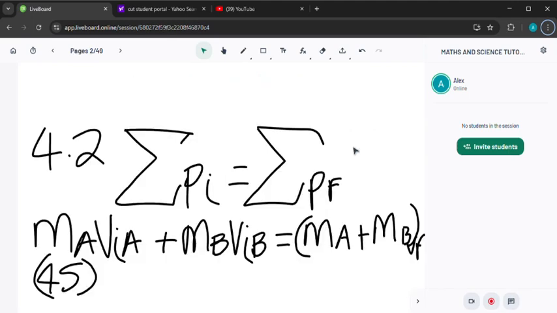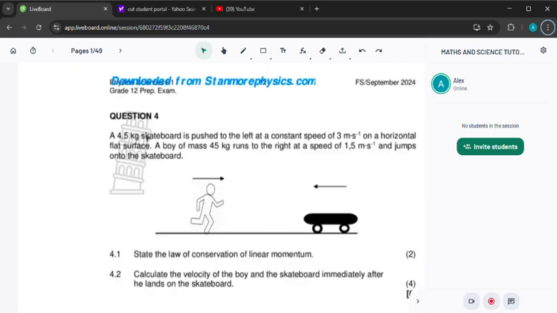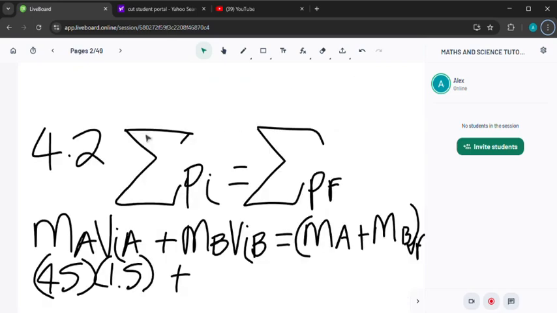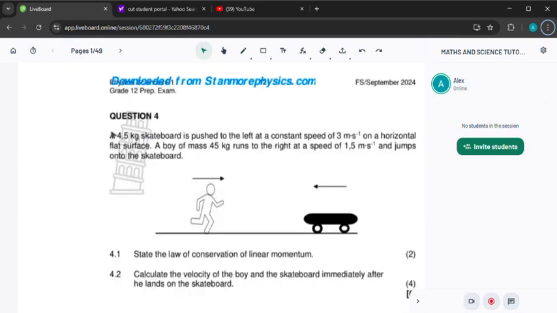So this is positive 1.5 plus the mass of the skateboard, that is 4.5, multiplied by the initial velocity. Remember, we chose left as negative. So the skateboard is heading to the left, so we will substitute it as negative 3.